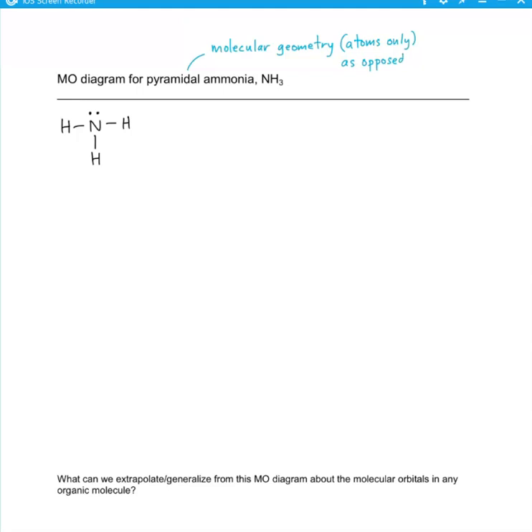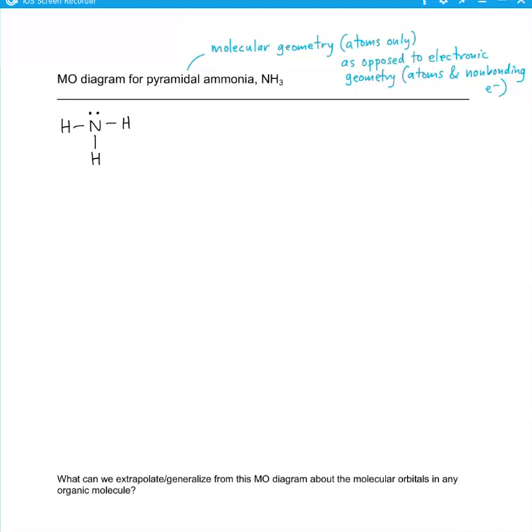By contrast, something called the electronic geometry would be us also including the lone pairs and unpaired electrons. So the electronic geometry would be described by the positions of the atoms and any non-bonding electrons.